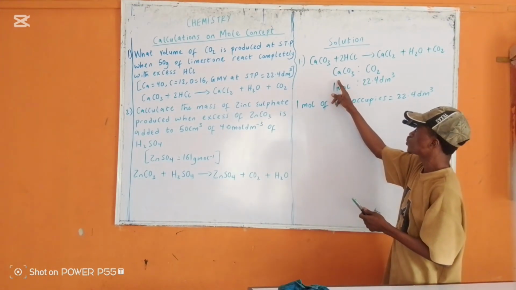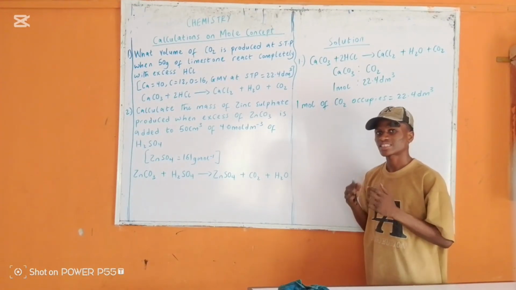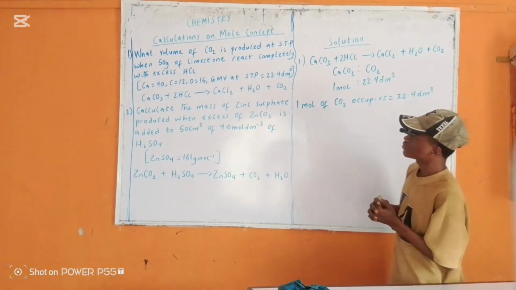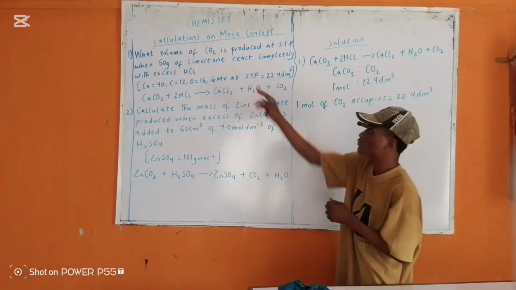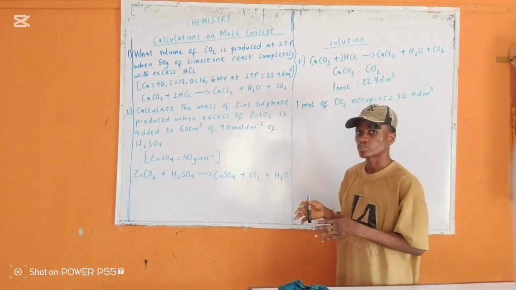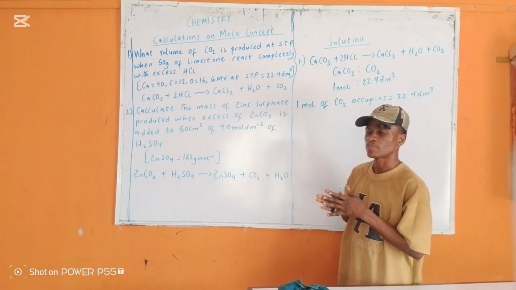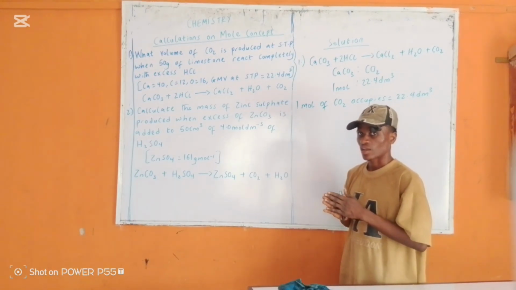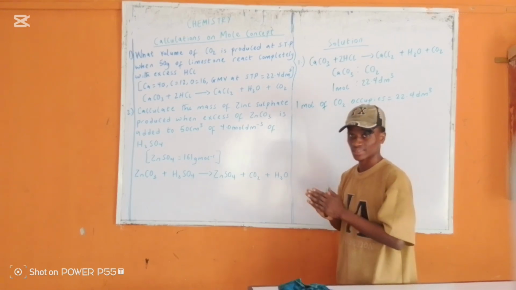Now, for calcium carbonate, are they asking us in mole or in another unit? Let's check. When 50 gram of limestone, so what happened there? They're asking us about limestone in what? In gram. And gram is a unit of what? Of mass.